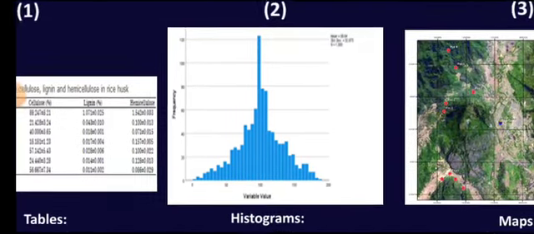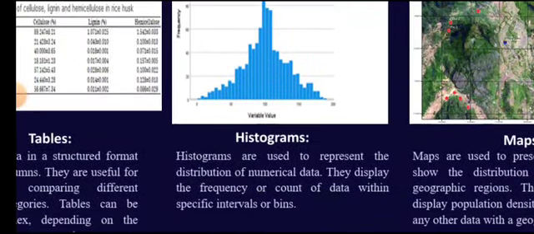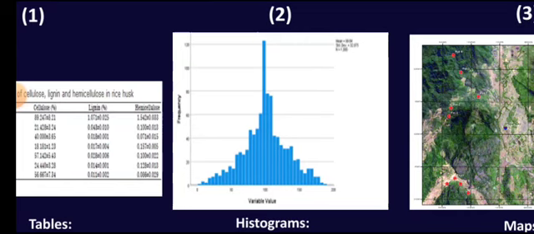Another way we present is in a histogram. A histogram is used to present a distribution of numeric data. Okay, they display the frequency or count of data within a specific interval or bin. Now, when you look at the histogram, it's made up of bars, but these bars are not separated.